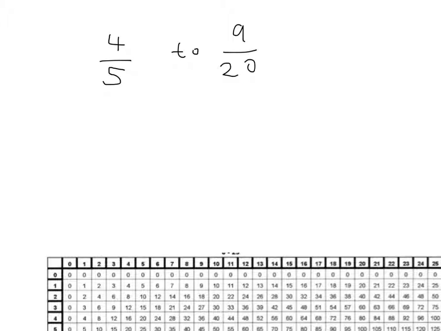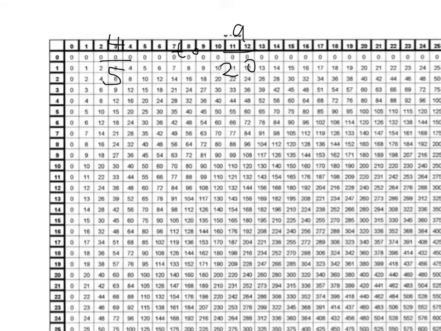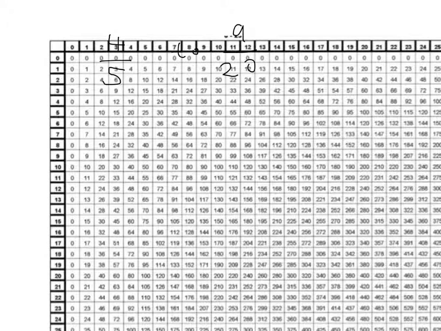So let's go to the multiples of 20 first. If we look at the multiples of 20, we can see that there is a 20 over here. 20 times 1 is 20, so let's circle that. I know right away that 20 will be in the multiples of 5 because it ends in 0.